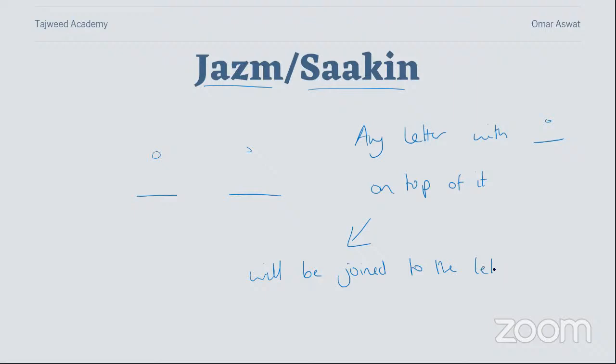The ruling or the understanding behind jazm sakin is that any letter with jazm sakin on top of it, so it'll always be on top, will be joined to the letter before it.